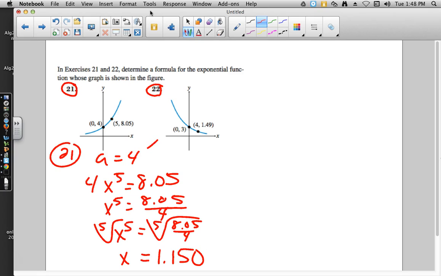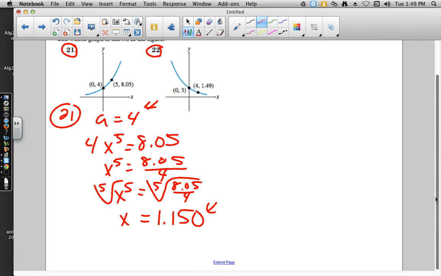So we have a, we have b, and now it just comes down to giving it a name. I'm just going to call this one f of x. So f of x equals our initial value of 4 times 1.150 to the x power. And now we have that exponential function model that we needed.